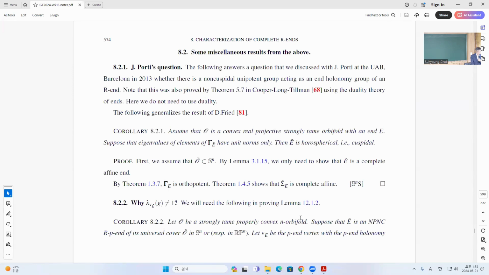So another thing, the next thing that I am going to do is, if you have some properly convex orbifold and its only eigenvalues are of unit norm, then it's actually horospherical. Okay, so that follows again from this kind of theory. Corollary 8.22 is some technical lemma.